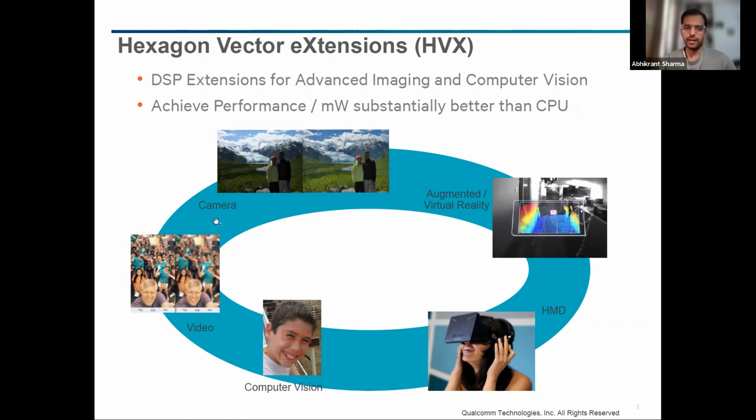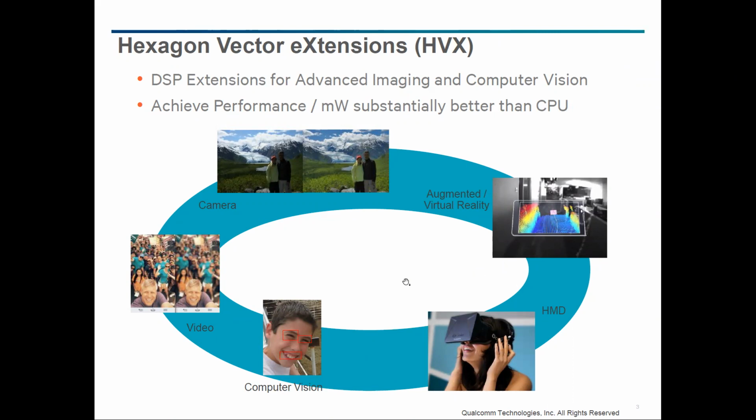For example, all the camera applications make use of the HVX hardware. The AR, VR applications, or in general, the XR applications, make use of the HVX hardware extensively. Head-mounted displays, computer vision, video processing, all of these applications that are running on the mobile phone these days make use of the HVX hardware extensively.